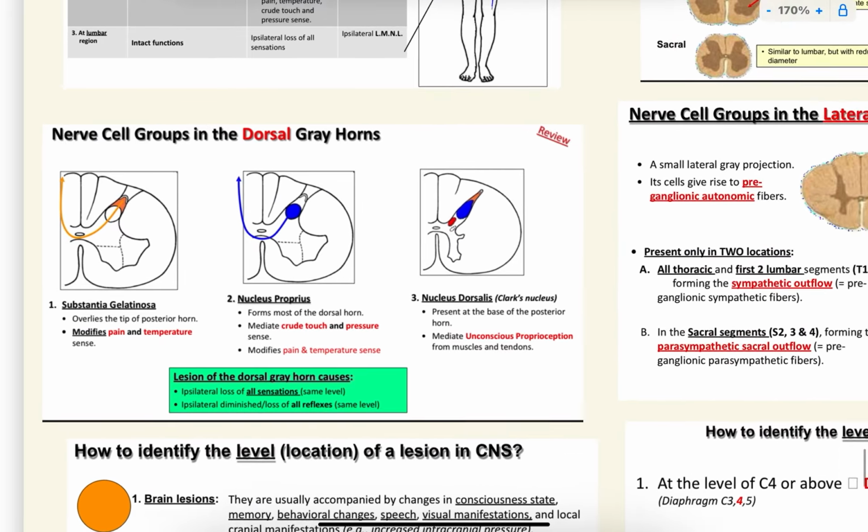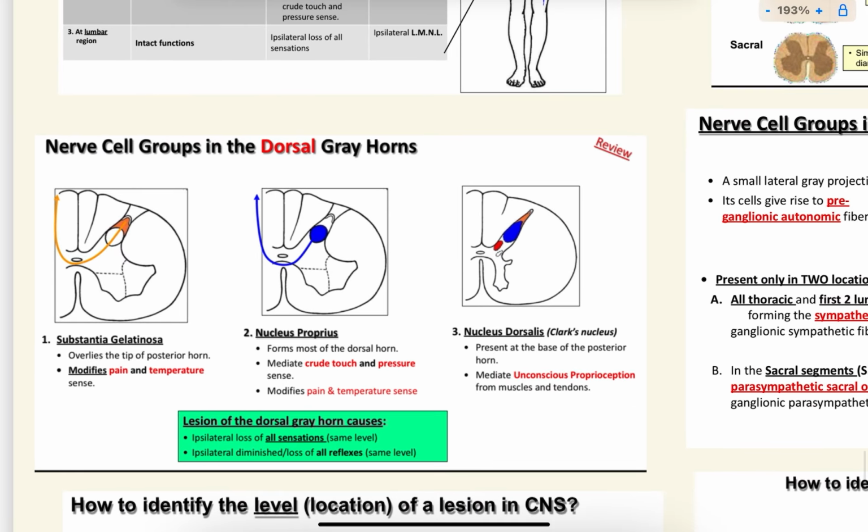Then here we have the nerve cell groups in the dorsal gray horn. So it tells us for the substantia gelatinosa, we have what? It's for pain and temperature mainly. And the nucleus proprius mainly is for crude touch and pressure. And the nucleus dorsalis, also called Clark nucleus, is for unconscious proprioception.